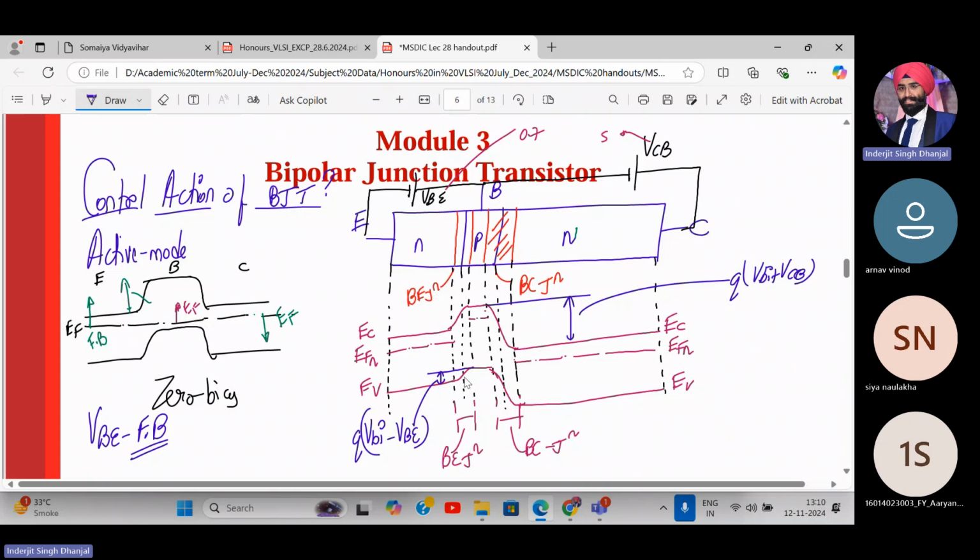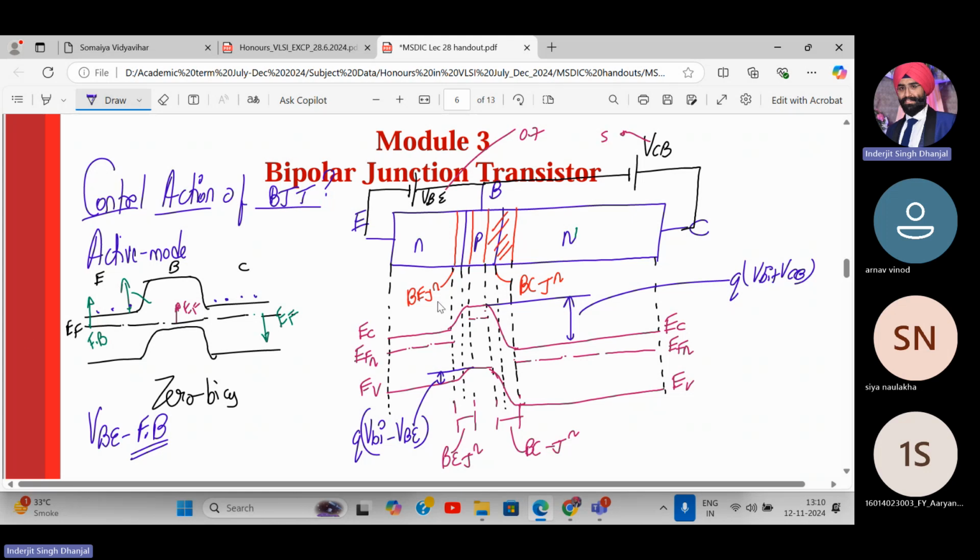Agree? Now this gap is small and this is big. Earlier the gaps were the same, right? On both sides the barriers were the same. So if an electron has to travel, these are electrons which are present over here, let's say, it has to apply tremendously high energy to reach the top and then topple over.